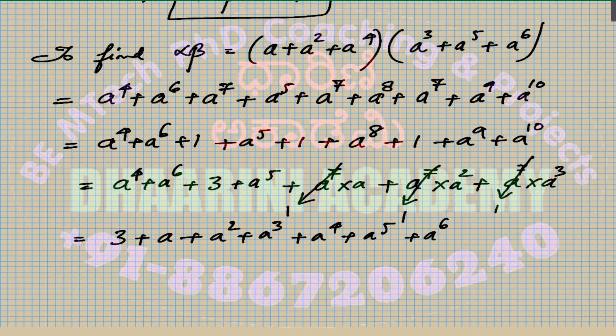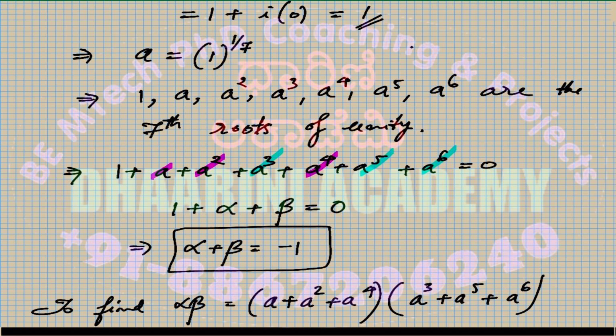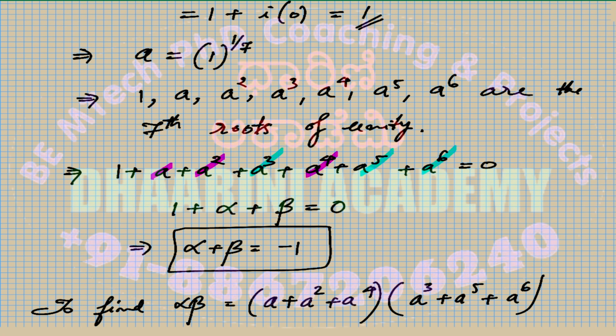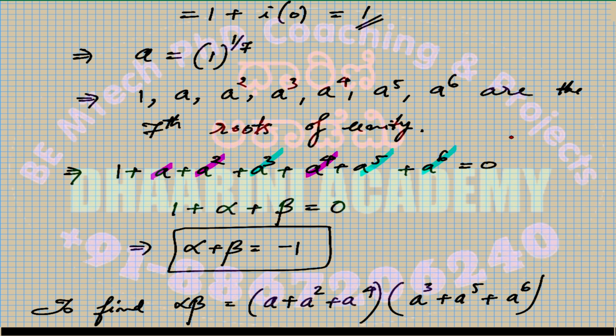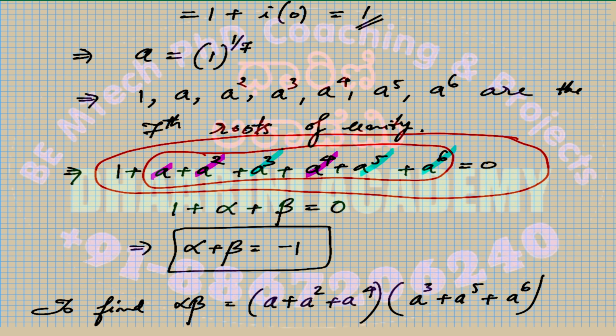Okay, we know something. If I have the sum of 1 till a to the 6, that is equal to 0. That means if you just want a plus up to a to the 6, the 1 goes to the other side and the answer is minus 1.